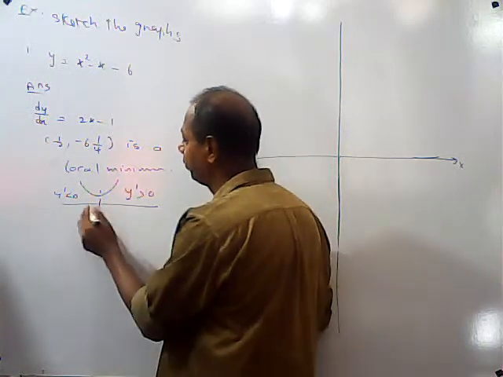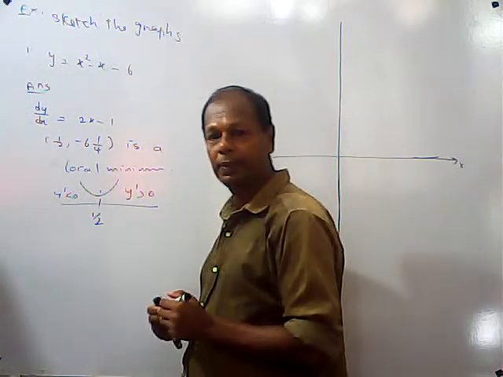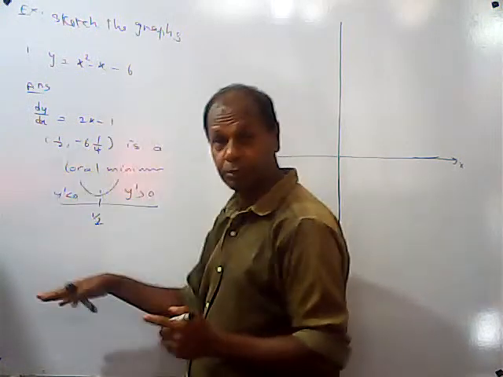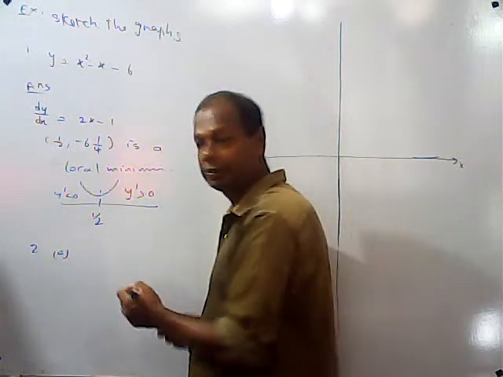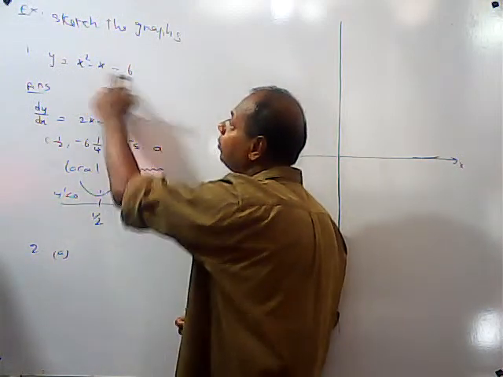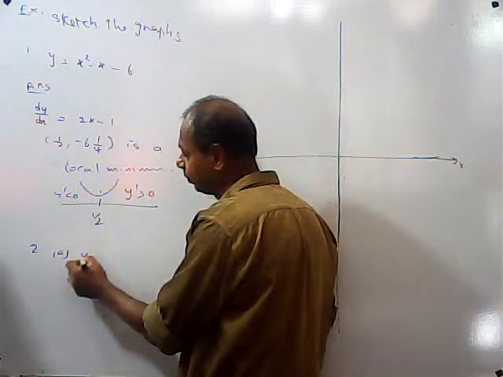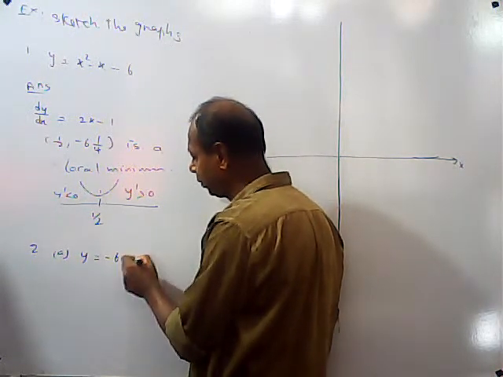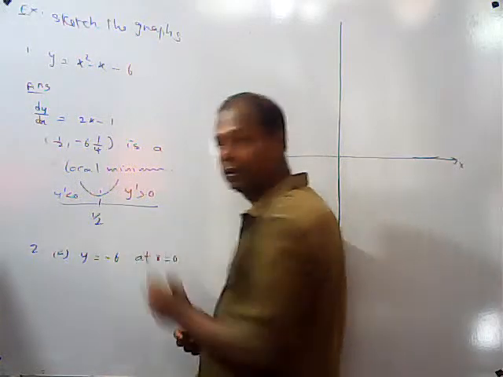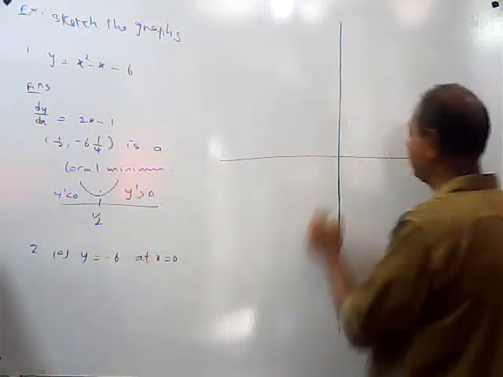Minimum at half. Okay, then step 2. First you find y when x equals 0. When x is 0, you see y is equal to minus 6. Right? When x is 0, y is minus 6.